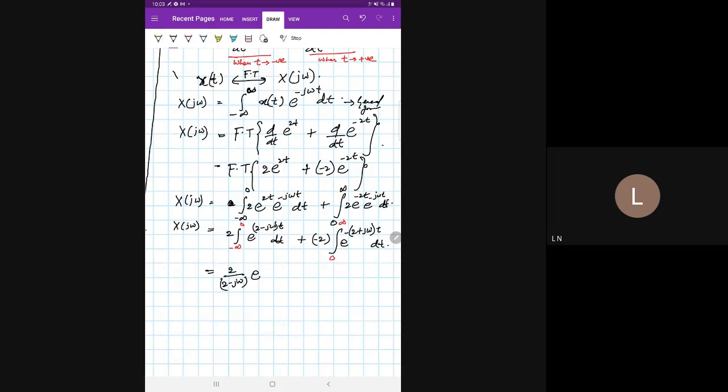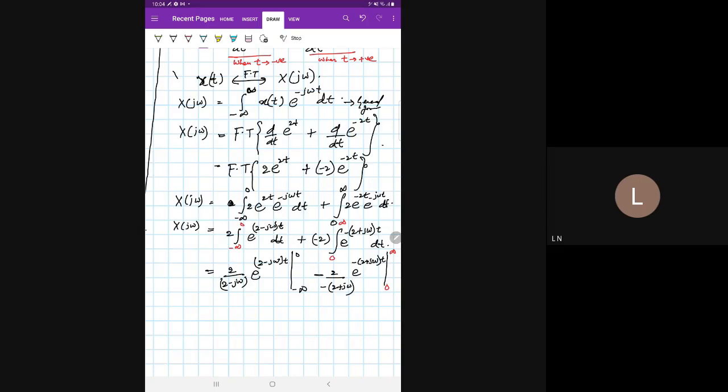Then you have e raised to power 2 minus j omega t, with limits from minus infinity to 0, then minus 2 divided by minus 2 plus j omega, then you have e raised to power minus 2 plus j omega t, and its limits will be from 0 to plus infinity.